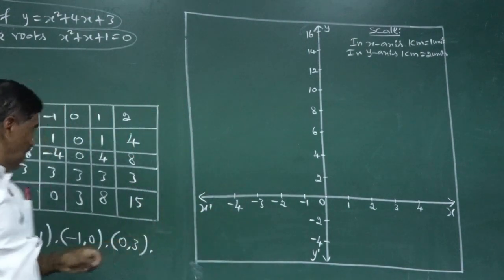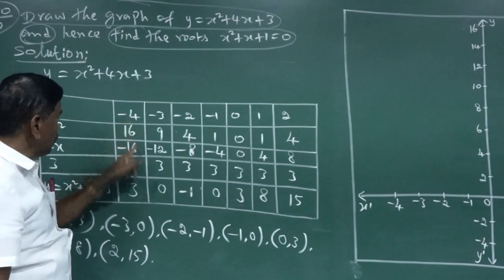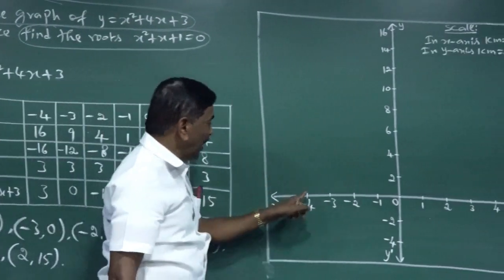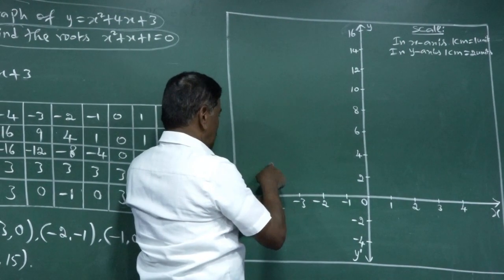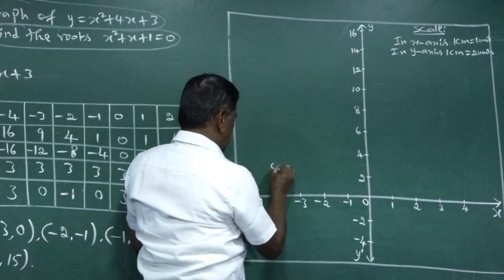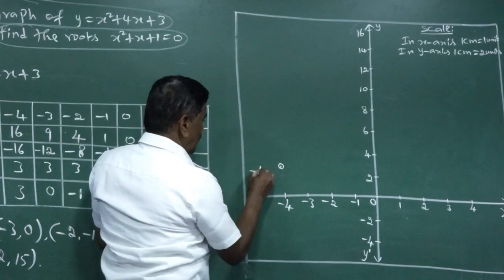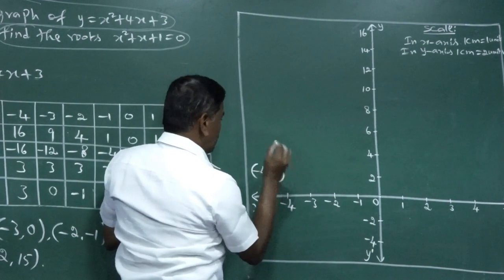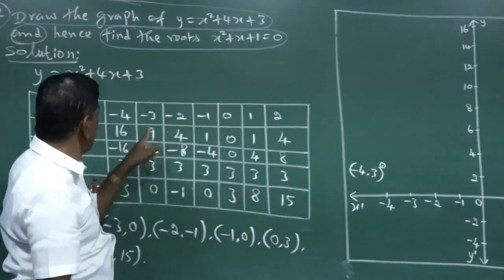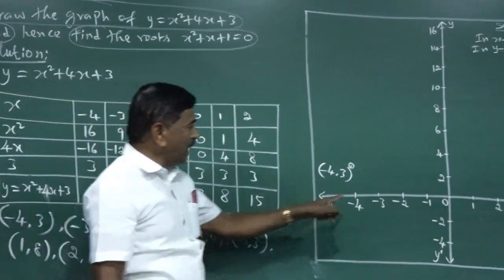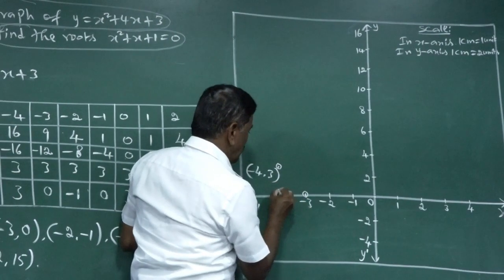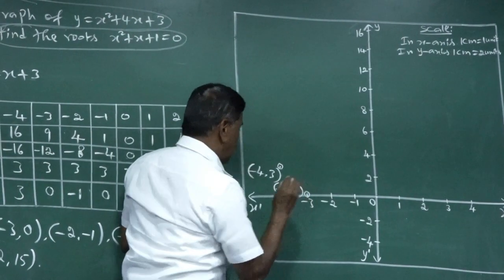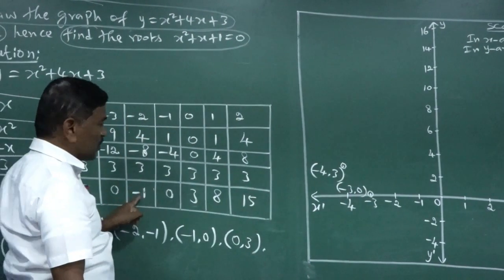Now plot the points on the graph sheet. The first point, minus 4, 3. Minus 4 in x-axis, 3 in y-axis, approximately this point. Which is minus 4, 3. Next point, minus 3, 0. Minus 3 in x-axis, 0 in y-axis. So this point, minus 3, 0. Next, minus 2, minus 1.